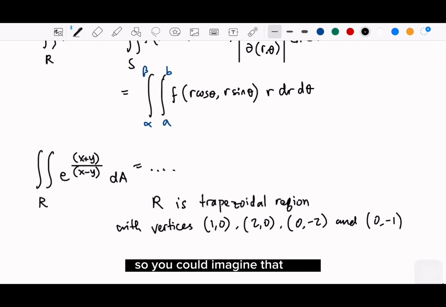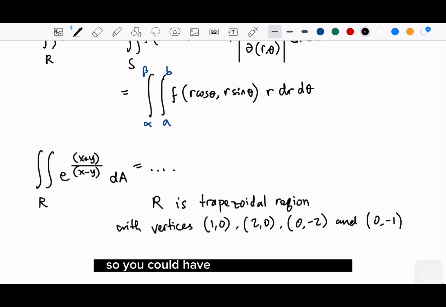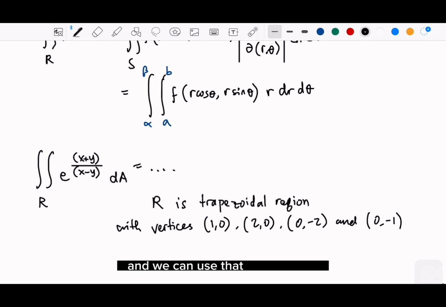So you could imagine that x plus y is another variable, u or g or h, you can name it as you want, and the other one will be x minus y. You could have those transformations, and we can use them to help compute this double integral. And this is simply the endpoints.